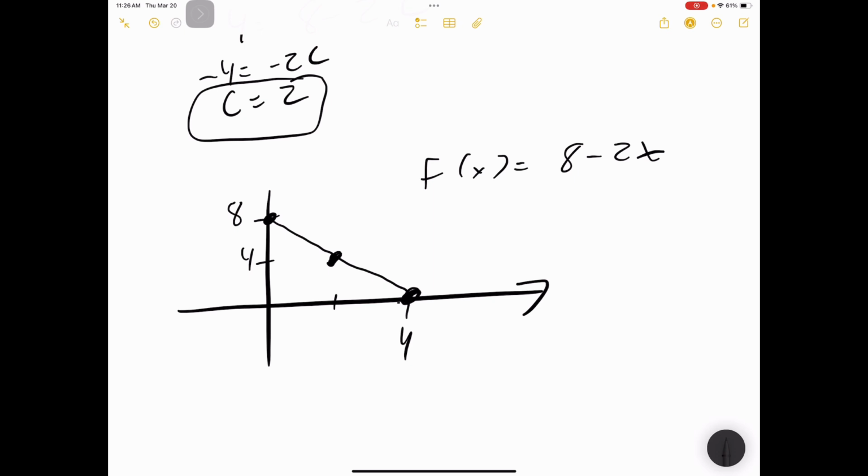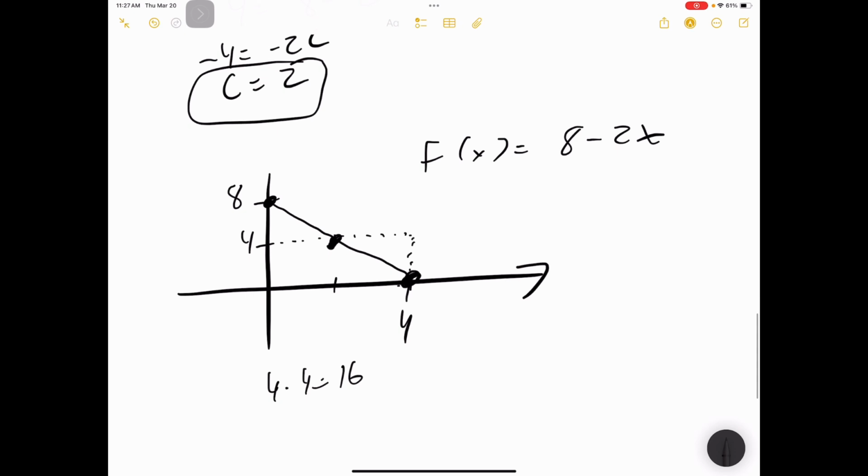So, for example, this is a cool result. If I draw the rectangle that goes through that point, what's the area of my rectangle? The area of my rectangle is going to be 4 times 4, which is 16. And what's the area under the curve? We already found it, but it's 4 times 8, which is 32, divided by 2, because this is a big triangle, which is 16. 8 times 4 over 2 is 16.